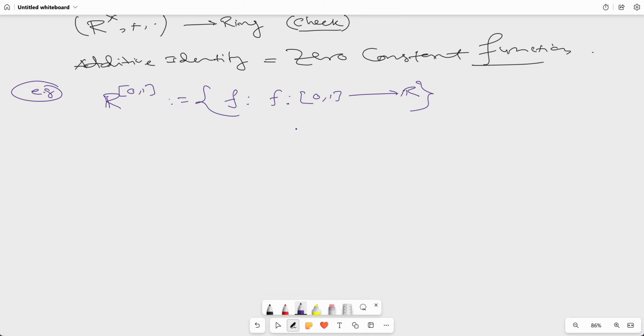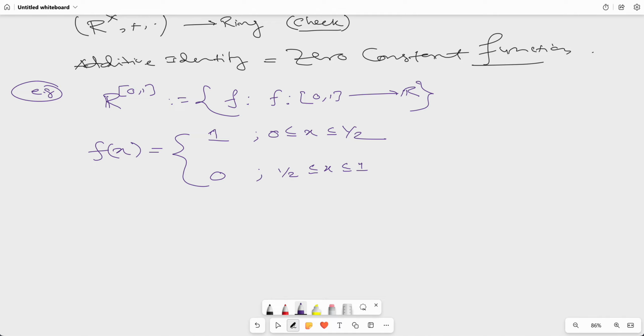Now I'm asking one question. I'm defining the function f(x) to be 1 whenever 0 ≤ x ≤ 1/2, and 0 whenever 1/2 ≤ x ≤ 1.